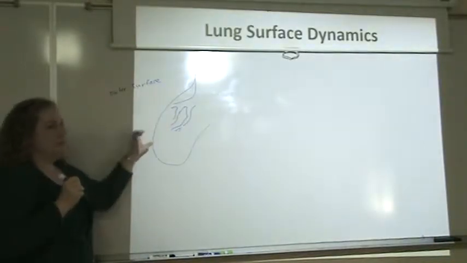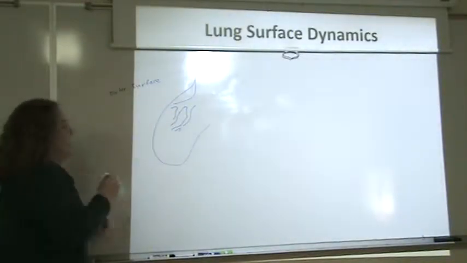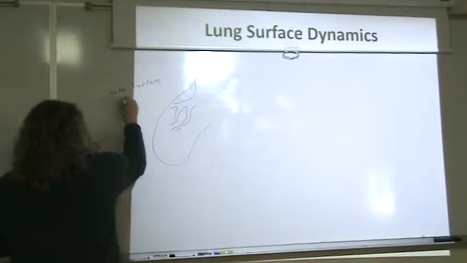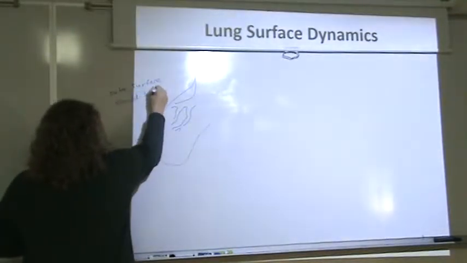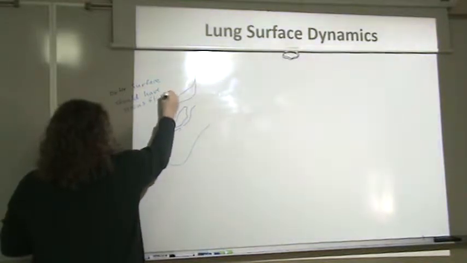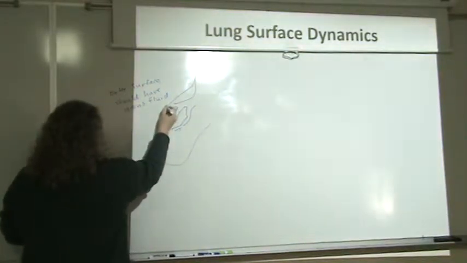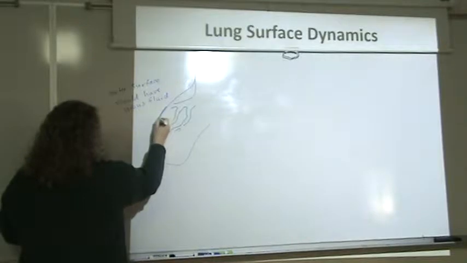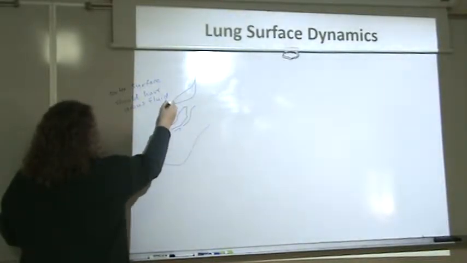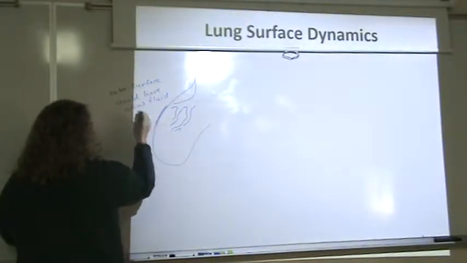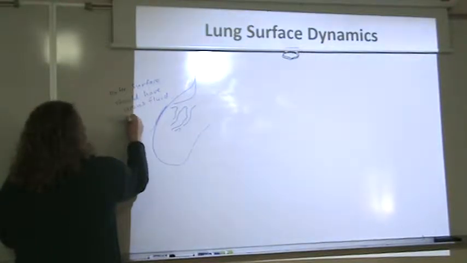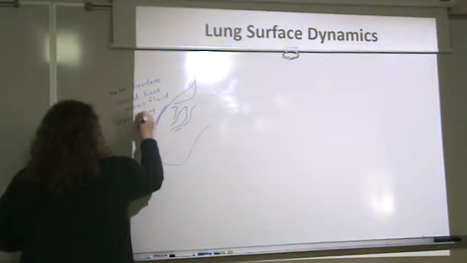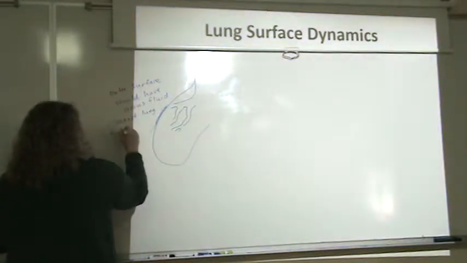So on the outer surface of the lung, you ought to have something called serous fluid. So you would have this little layer of fluid out here, and the serous fluid is supposed to connect the lung to your chest cavity.